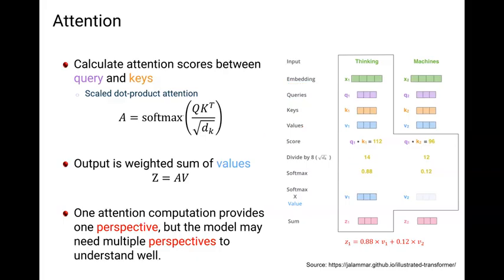With the QKV vectors, all you have to do is very simple. You perform a dot product between the Q and K, and then divide by some scalar. You can regard this as the importance, relevance, or attention score.